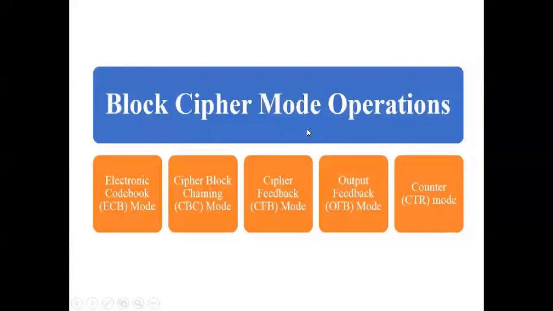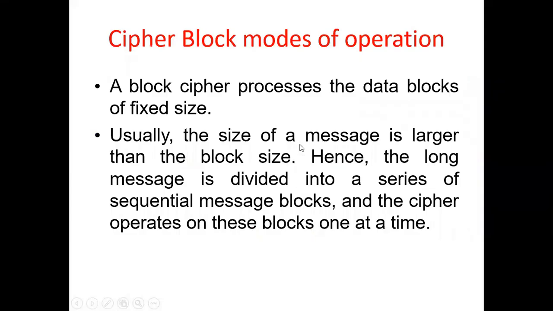In the block cipher mode of operation, you can perform the encryption in two ways. One is block mode and another one is stream mode. Stream mode means the encryption is done in a continuous sequence, bit by bit.